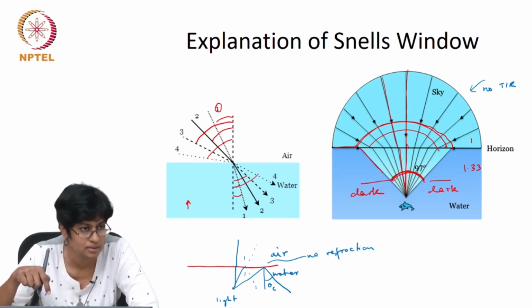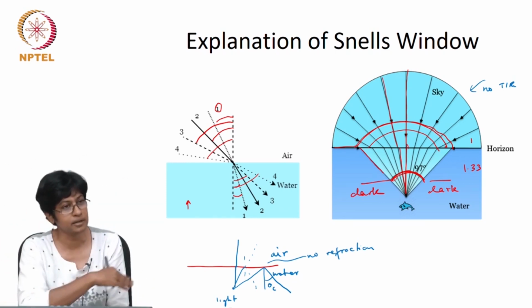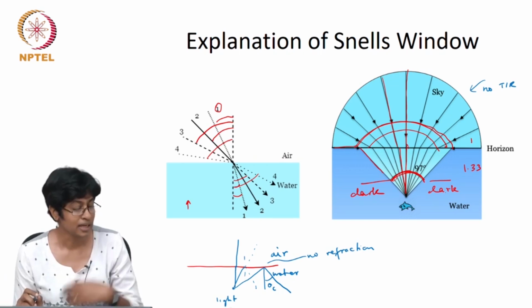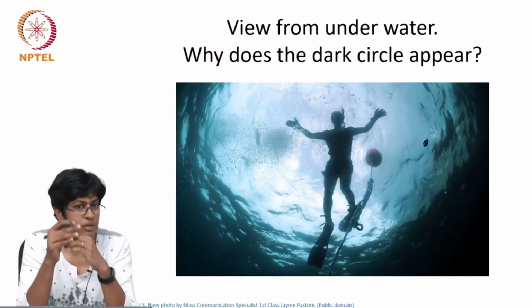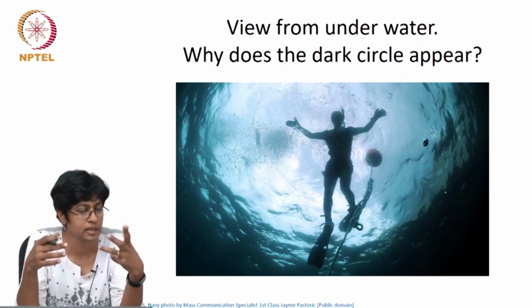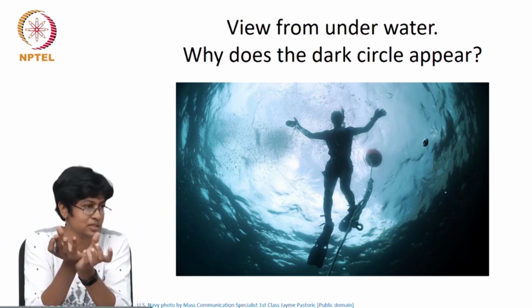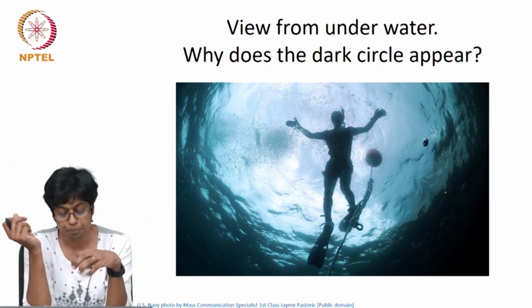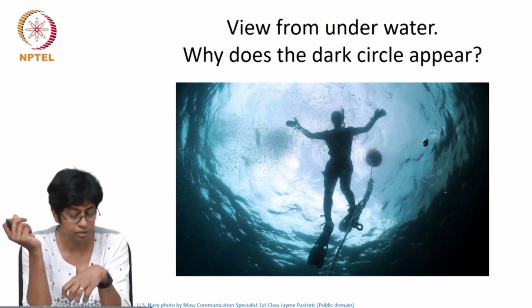But it bends, and thereby the cone, which could have been 180 degrees in air, has a smaller value in water. And the result is that whenever you take a photograph in water looking out, you're always going to have this dark ring. Okay? Now, this particular photograph doesn't really have a lot of detail.